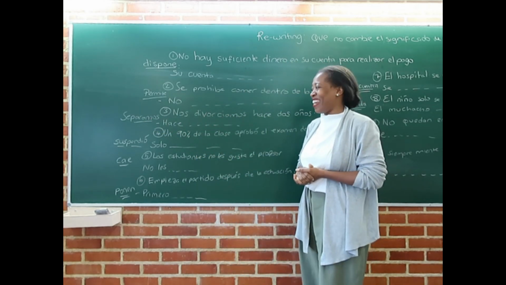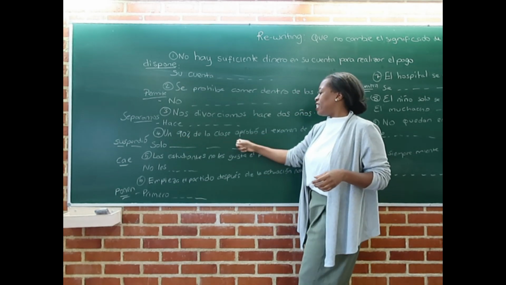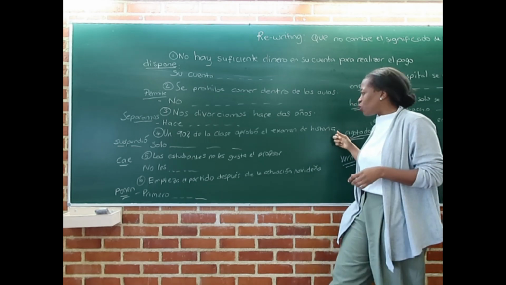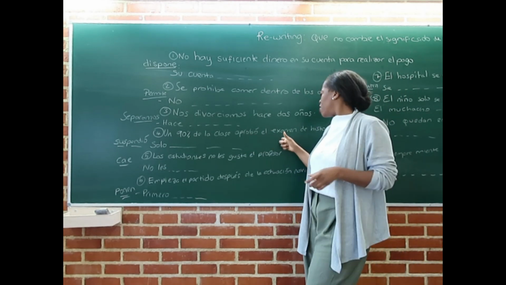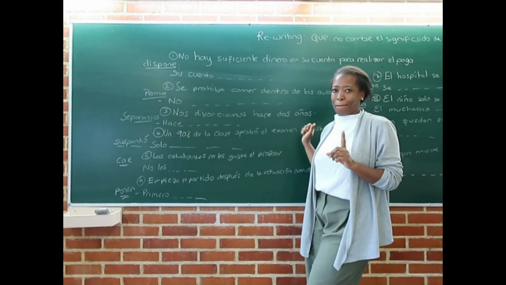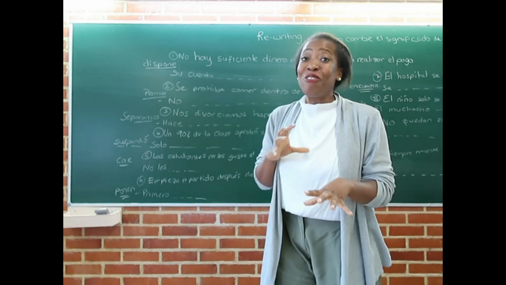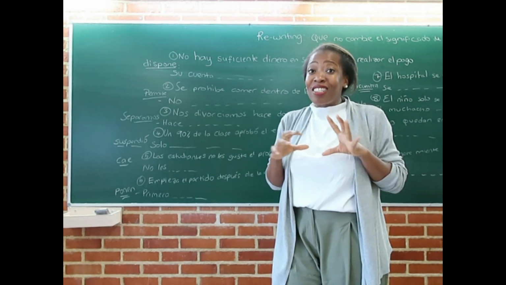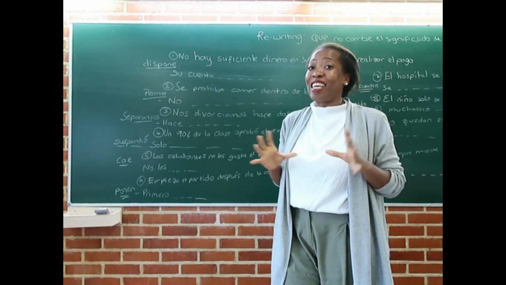Okay? Right. Number 4. Un 90% de la clase aprobó el examen de historia. So, 90% of the class passed the history exam. Now, remember that you can use the opposite words when you are doing the second sentence.